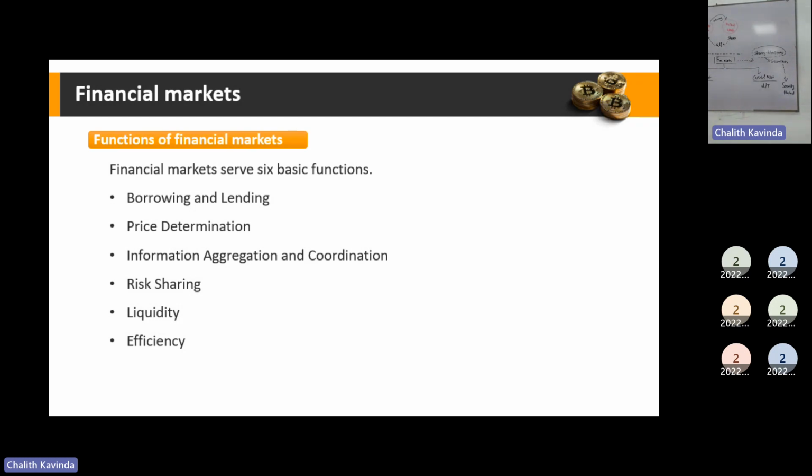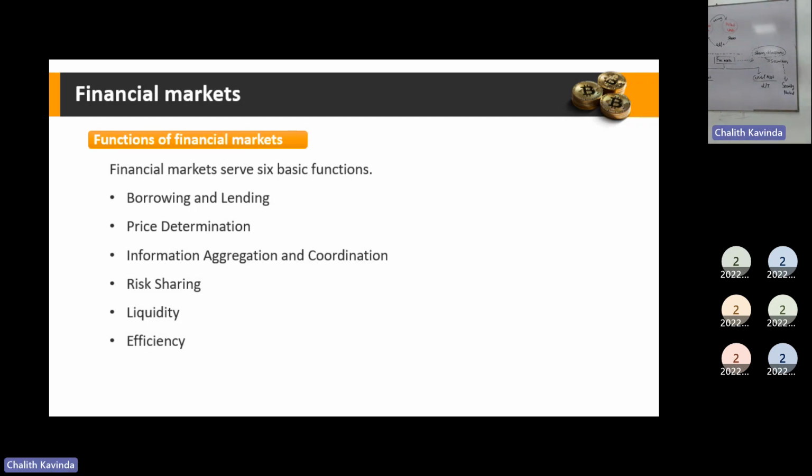What are the functions? Borrowing and lending. If you consider the treasury bill market, the government borrows money, and if you purchase a treasury bill, you lend money to the government. So borrowing and lending happens, and price determination.